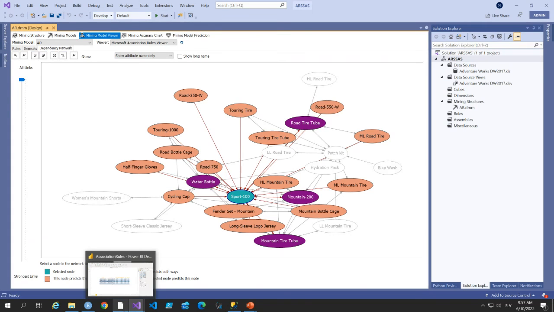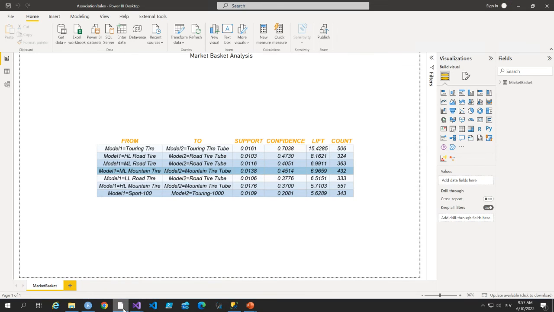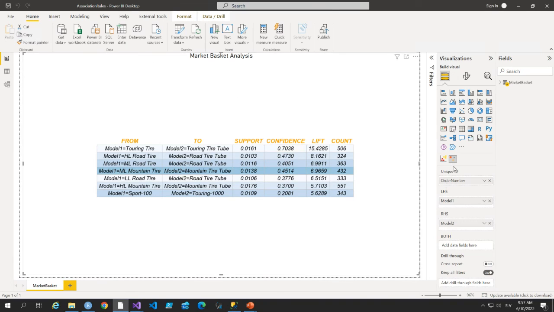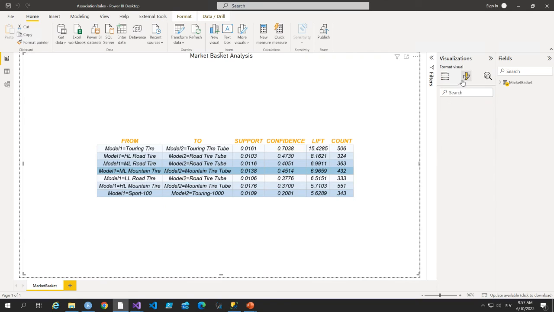For example, if you go to Power BI, we have this additionally downloaded association rules visualization, which is pretty impressive, but still not so nice, right? And let's go to visualization. I can change the visualization to graph, let's say, and you see it is working.